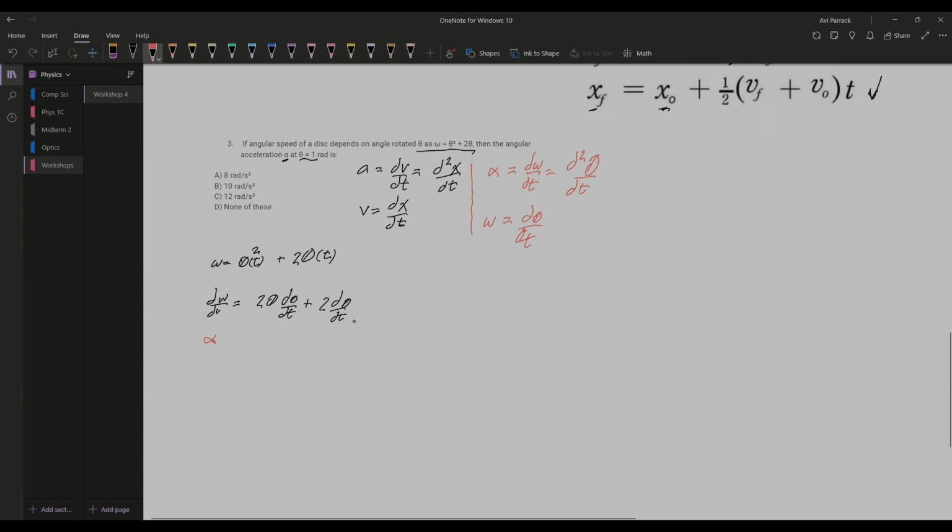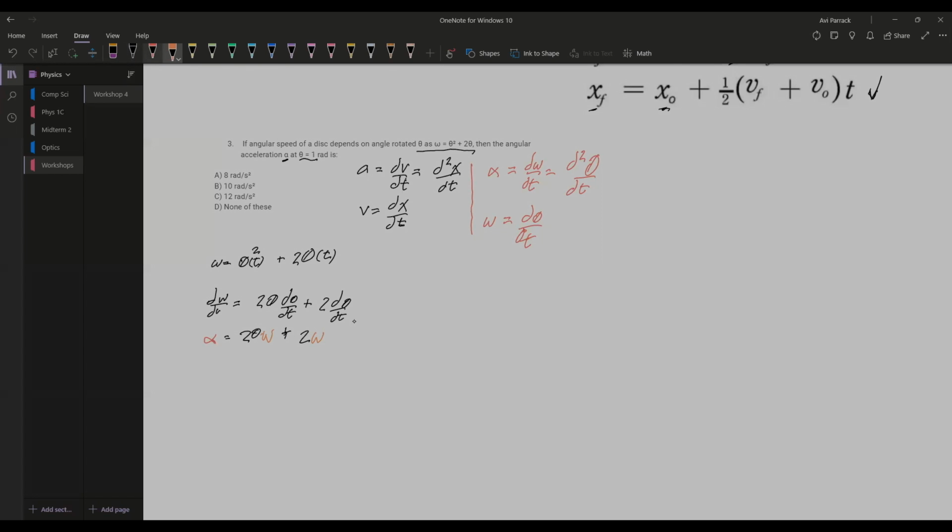So d omega dt is alpha. Then 2 times theta times d theta dt is omega, theta omega, plus 2 omega is equal to alpha.